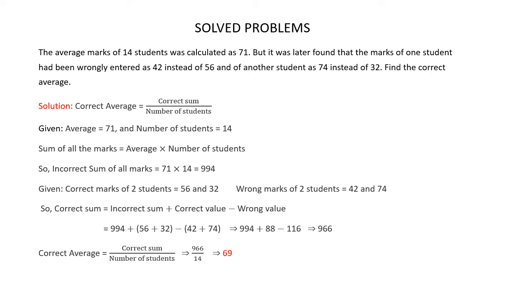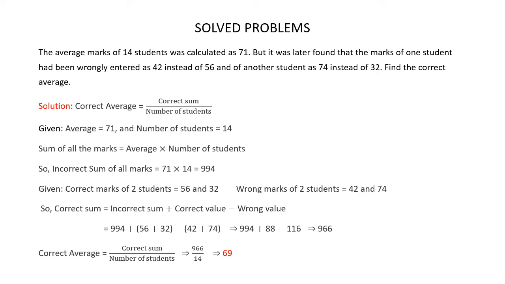So 994 is the incorrect sum of all the marks. Now it's given that the correct marks of two students are 56 and 32, but they were wrongly entered as 42 and 74. So the wrong marks of two students are 42 and 74.